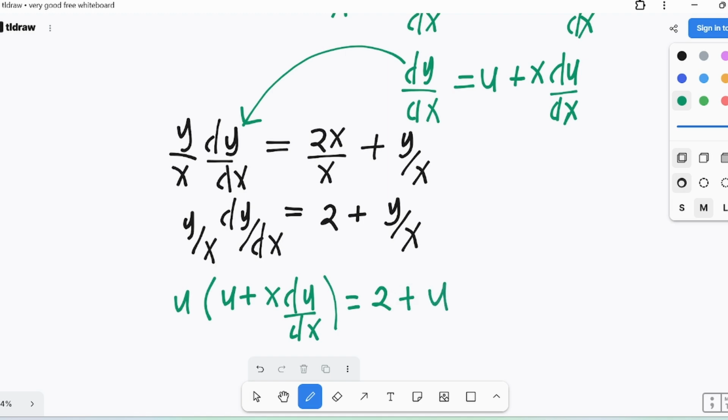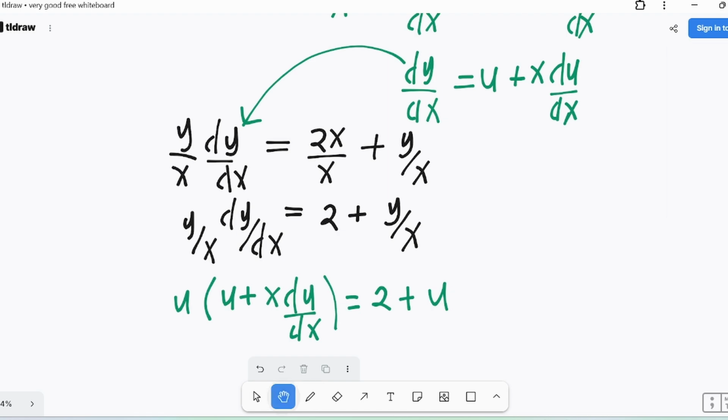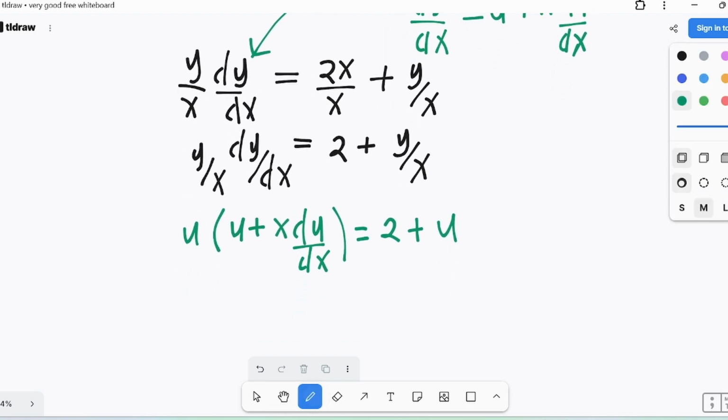Now we go ahead and expand. When you expand that, we shall have u square plus ux du dx is equal to 2 plus u.